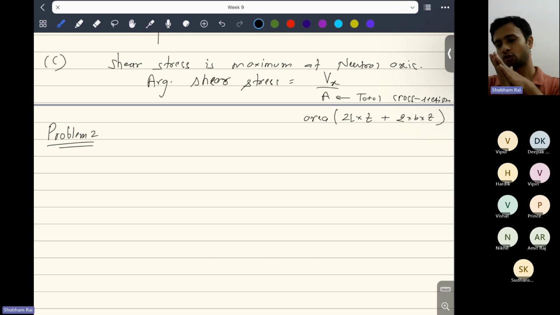So there cannot be discontinuous sliding, right? Let's say this is the beam and U is in this direction; there cannot be discontinuous sliding. So U will be continuous across the thickness. And this continuity of transverse shear stress comes from the equilibrium equations, so you'll have to derive that. So let me write the problem.